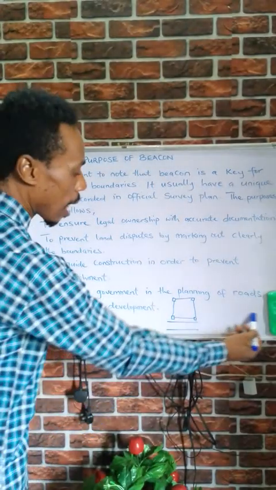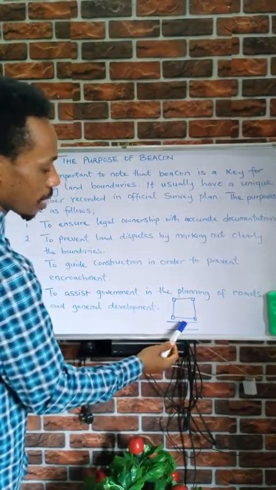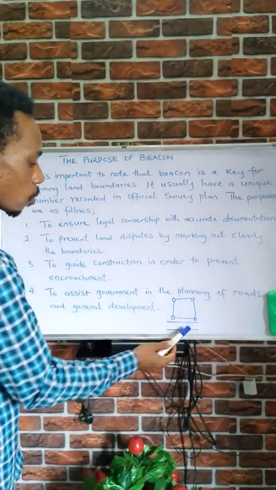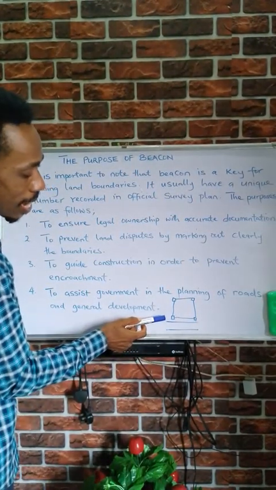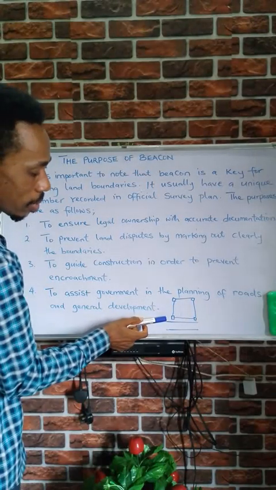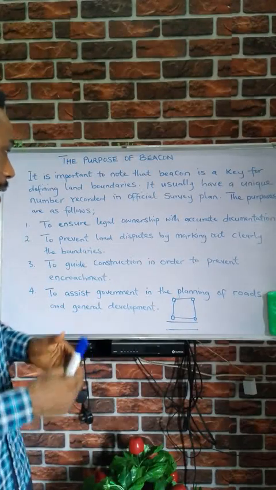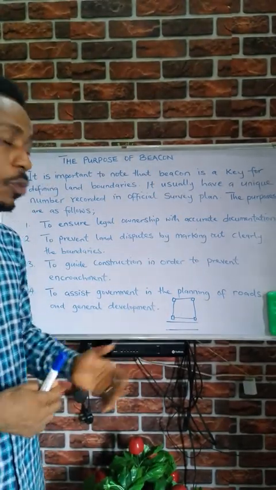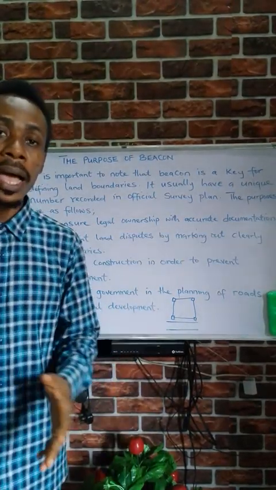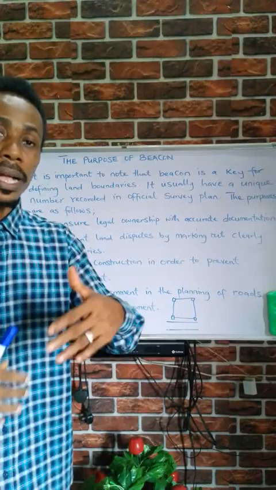So when you have other beacons along this direction, the planning of this road will be done in line, parallel to these beacons. That is why beacons are very, very important, and also in provision of other facilities or amenities.